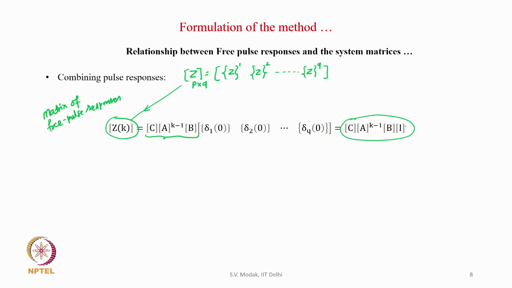So, effectively what we get is that Zk is equal to C A k minus 1 into b, that is the expression we get for the matrix of the free pulse responses.